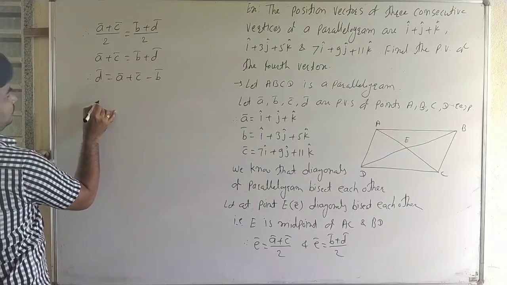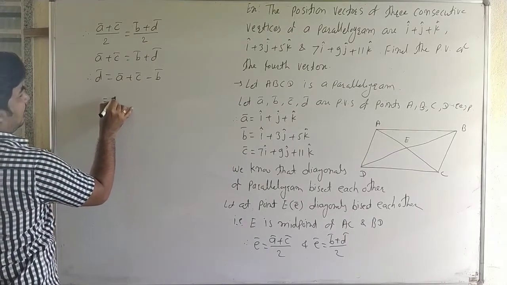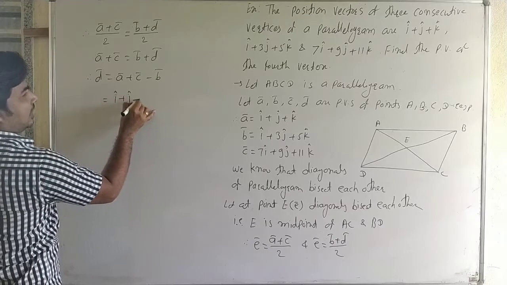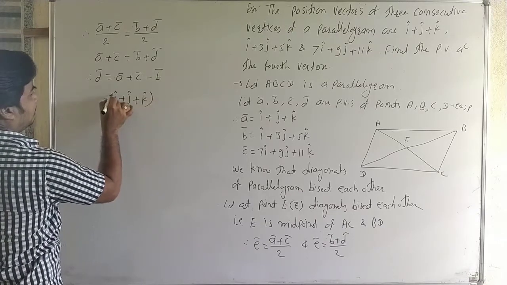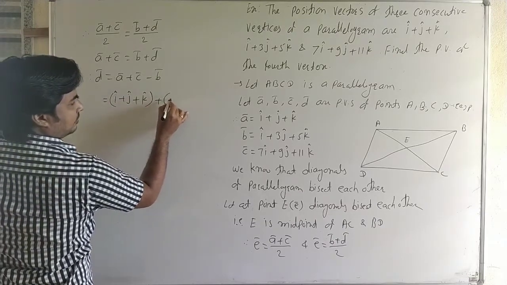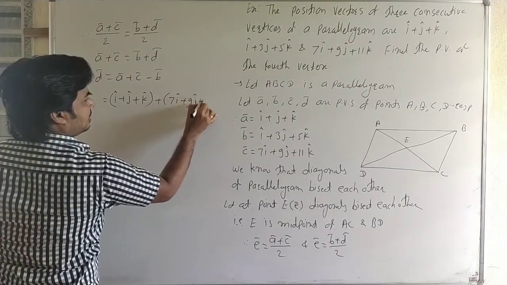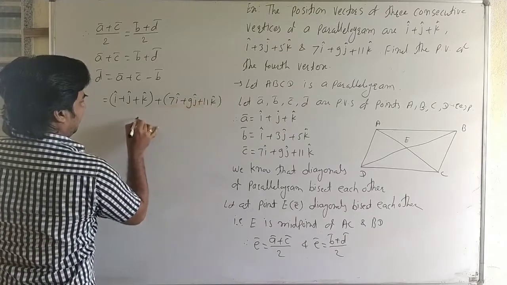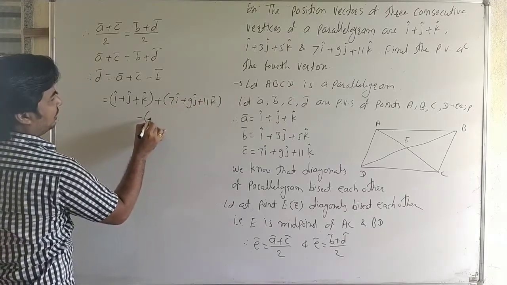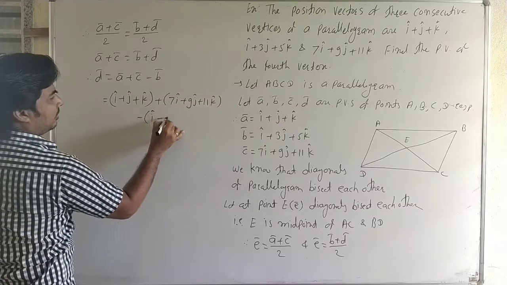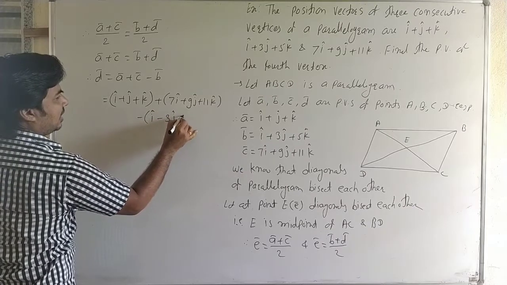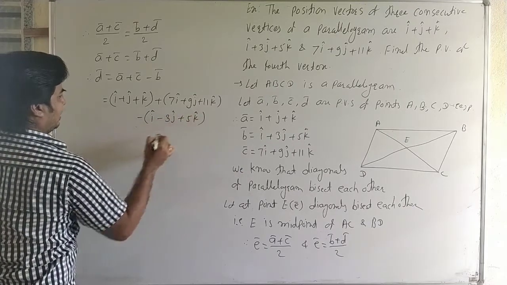Therefore A is i cap plus j cap plus k cap, plus C, 7i cap plus 9j cap plus 11k cap, and minus B, it is i cap minus 3j cap plus 5k cap.